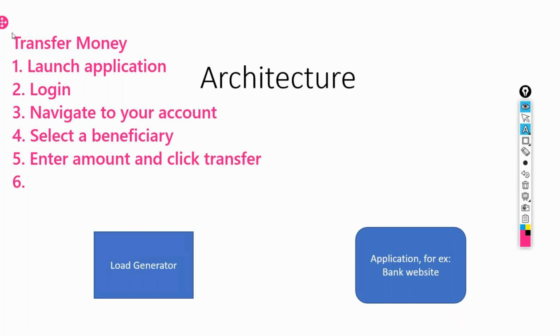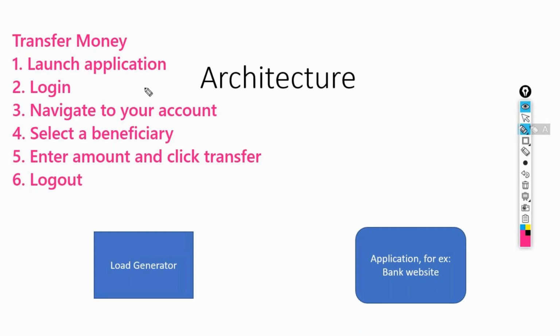Then finally you log out because the transfer is done. These are the steps that you are performing. So if you want to test the performance of the transfer money scenario or workflow, you have to execute these steps. That means every user should perform these steps: launch, login, navigate to your account, select a beneficiary, enter amount and click transfer, and log out.